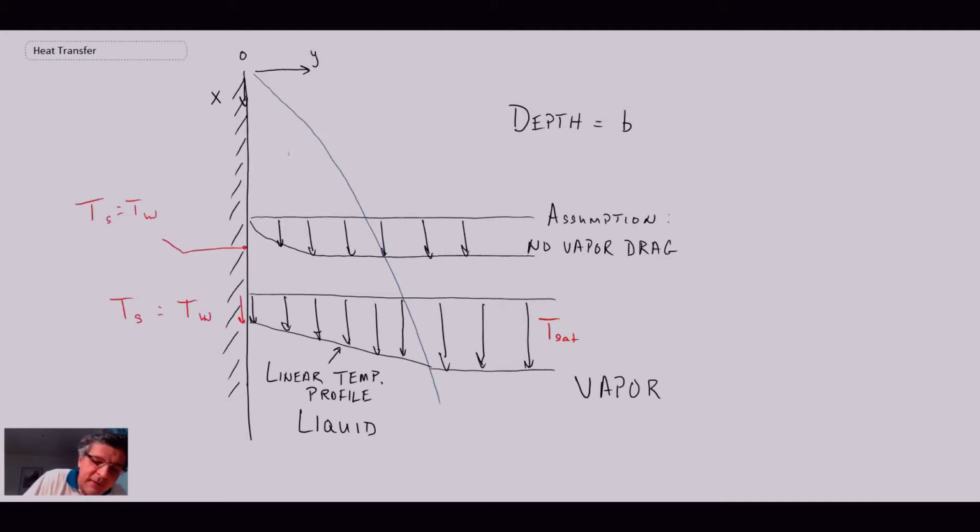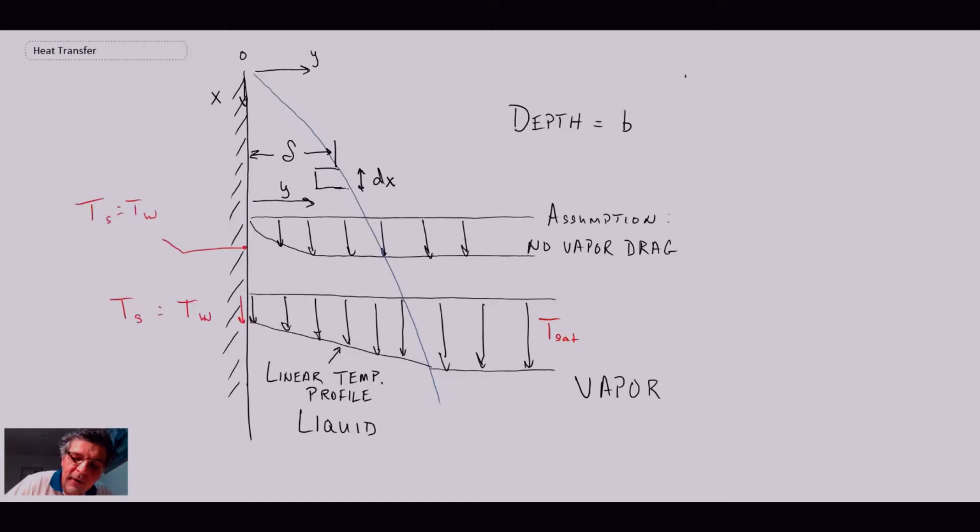First of all, just like before with our model, we had a representation for the thickness of the condensation film, and that was denoted by delta. Another thing that he did is he looked at a differential element of fluid on the surface, which he assumed to be at some location y, and the thickness of that element he denoted as dx, and the depth here is b.